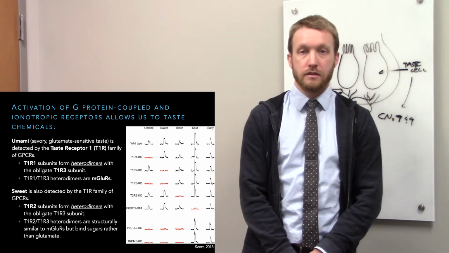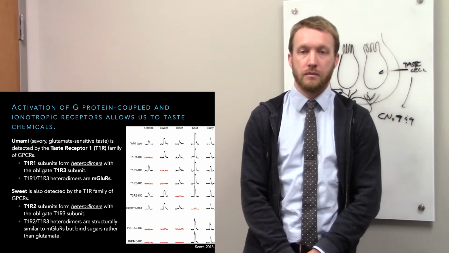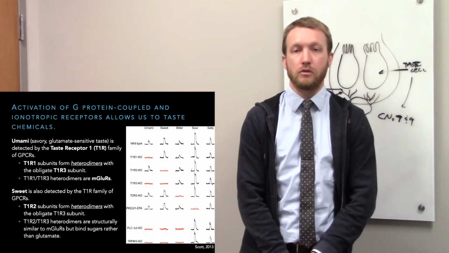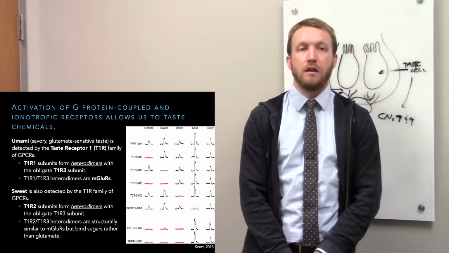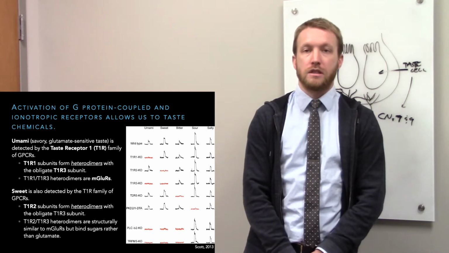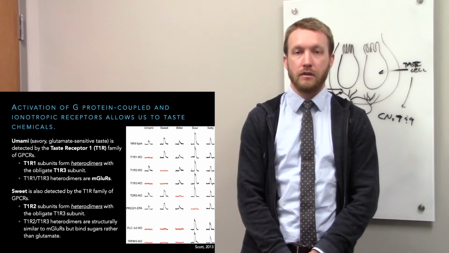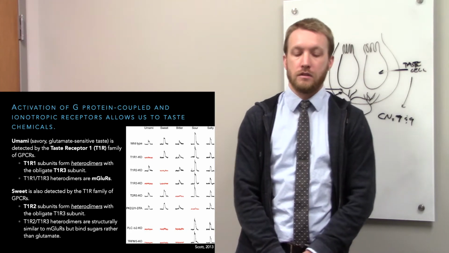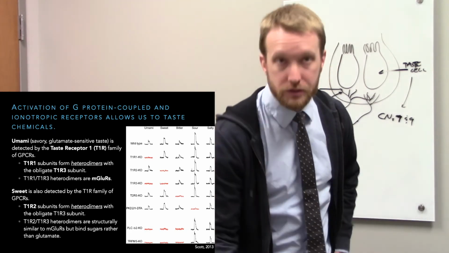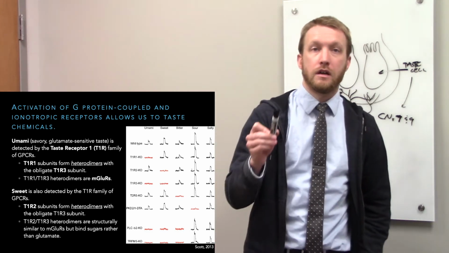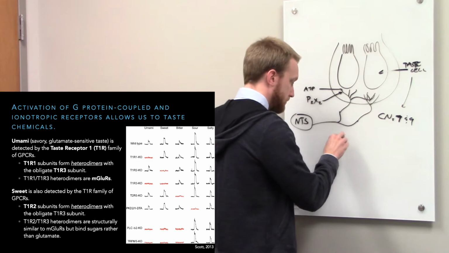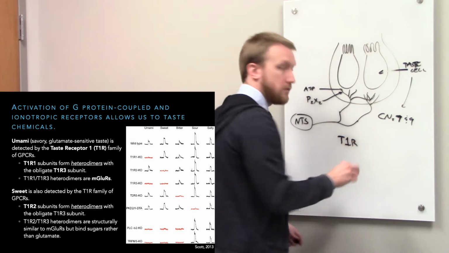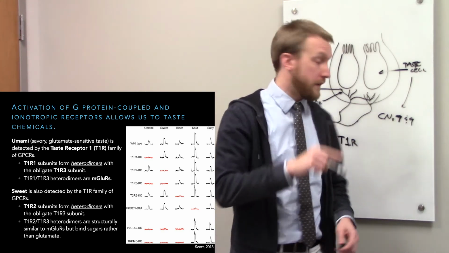Umami would be the savory taste, and when we're talking about humans, we're talking mostly about glutamate. So MSG is going to stimulate umami. Sweet is, of course, stimulated by saccharides. Now there's some similarities here between these two. So they're going to have G protein coupled receptors in the taste receptor 1 family.